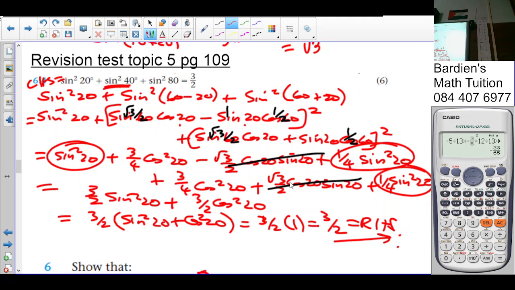Nice, I like it. It would have made me lose at least 4 marks if I had stopped in the exam. I would have only gotten that mark and the expansion mark. They're not going to give me a mark for sine 2 times 20, because that didn't take me to the answer.